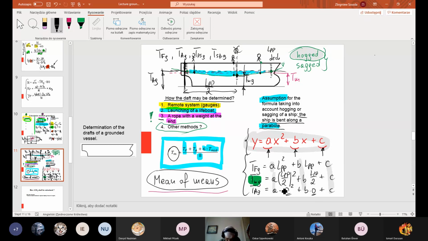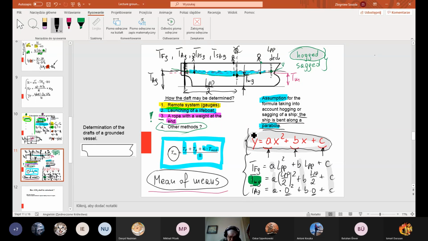And if you measure drafts at these points, forward perpendicular, midship and aft, you can obtain from such a trio three equations, and find out what will be A, B, and C for the parabola.